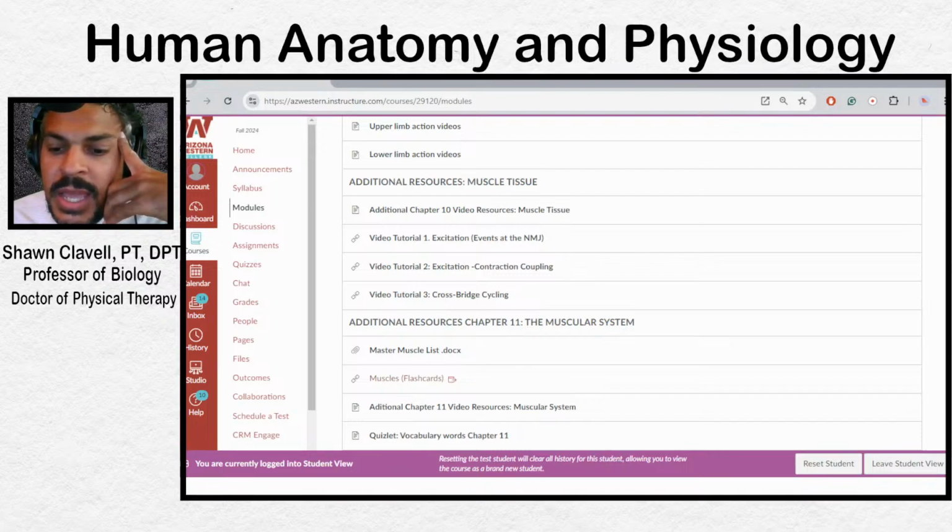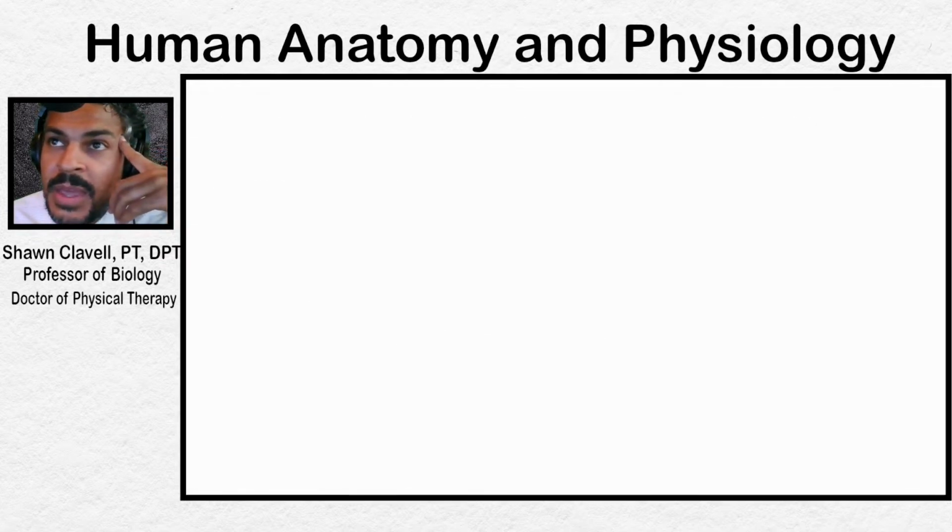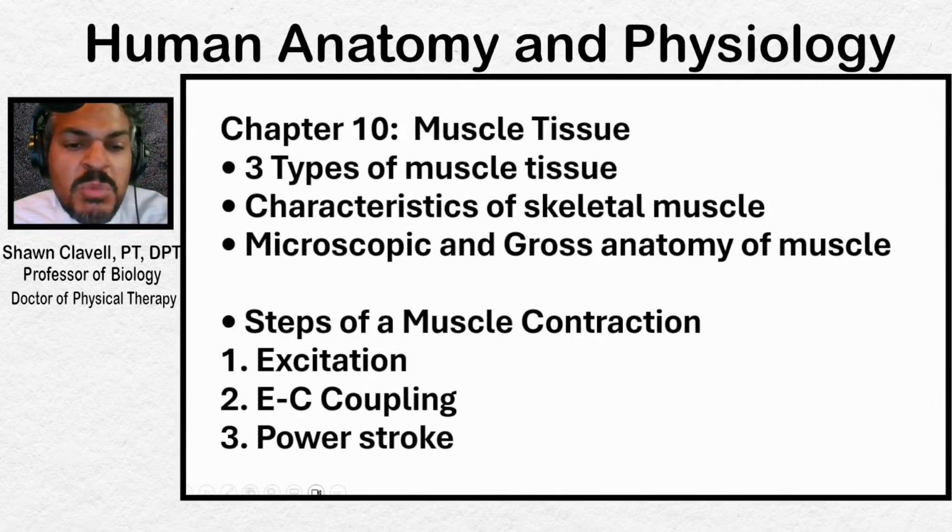In chapter 10, so there it is, we get into muscles. In chapter 9 we covered the different types of joints and the body movements. In chapter 10, we get into muscle tissue first, and then all of the different muscles of the body. The first thing they do is review the different muscle tissues you would find in the body.